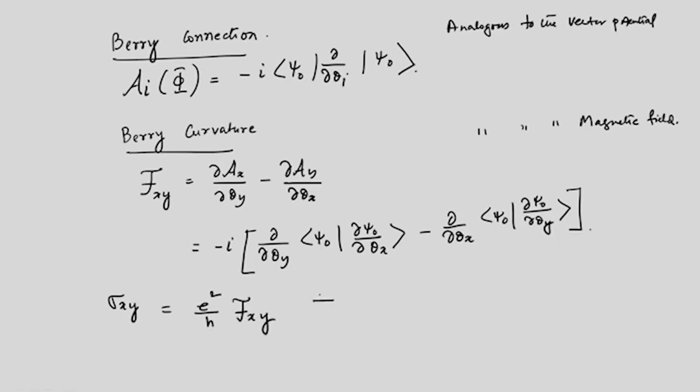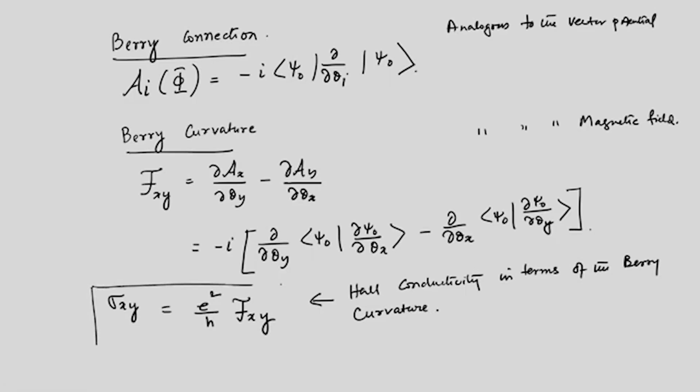So, this is the Hall conductivity in terms of the Berry curvature. Okay. So, this is that formula, that the Hall conductivity is expressed in the form of the Berry curvature.